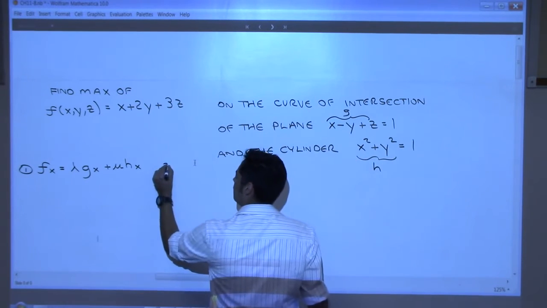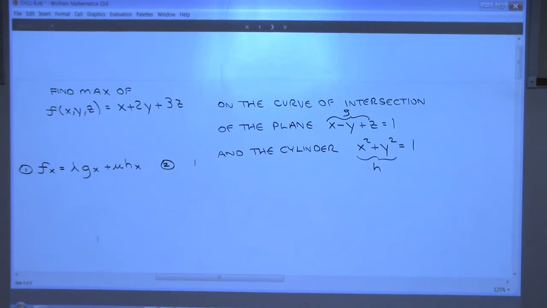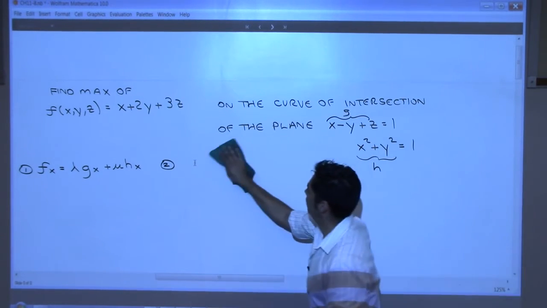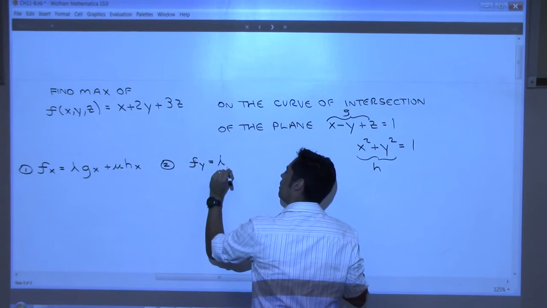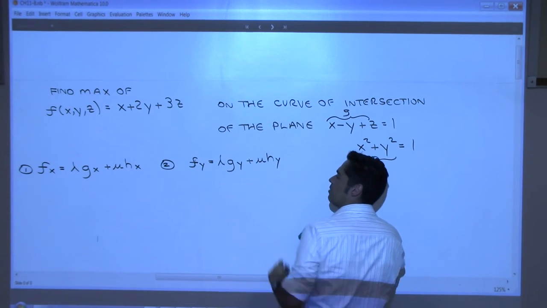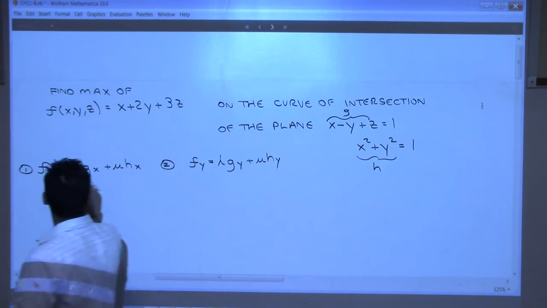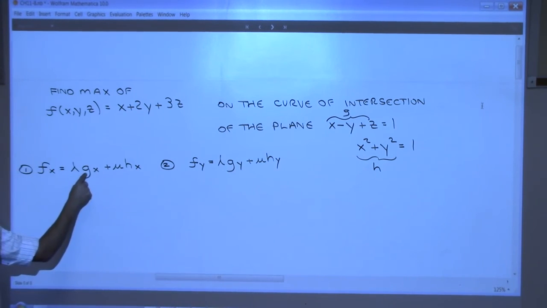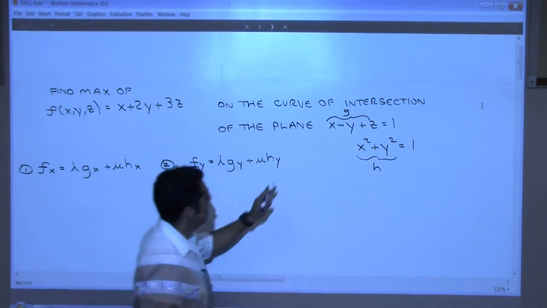Second equation: partial of f with respect to y equals lambda partial g with respect to y plus mu partial h with respect to y. The third equation, yes? Nope, it's just lambda times the g. That's it. And this is just mu times the h. Okay, third equation.